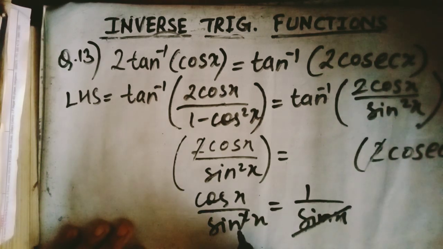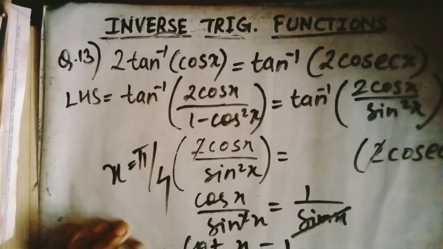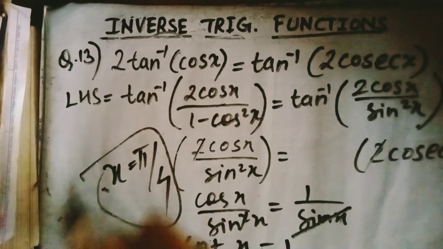So you can write this as cot of x equal to 1, so the angle is pi by 4, x is pi by 4.